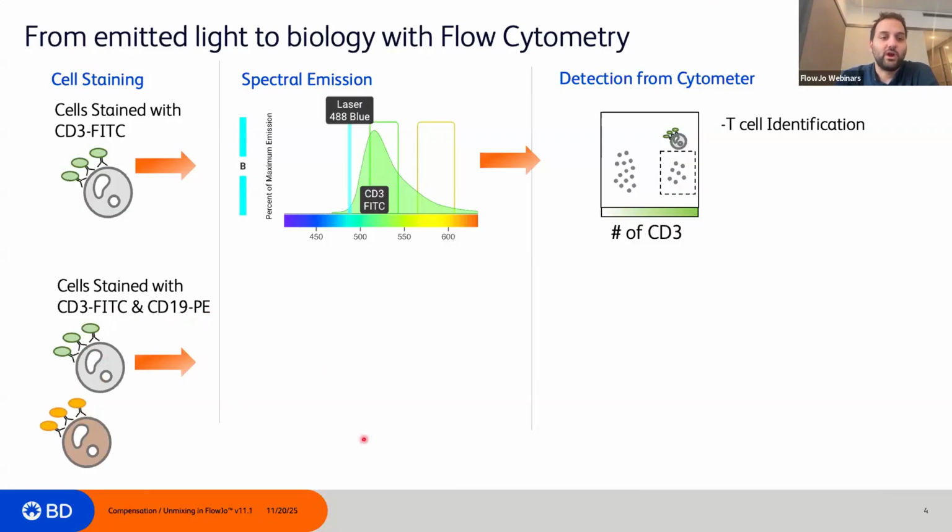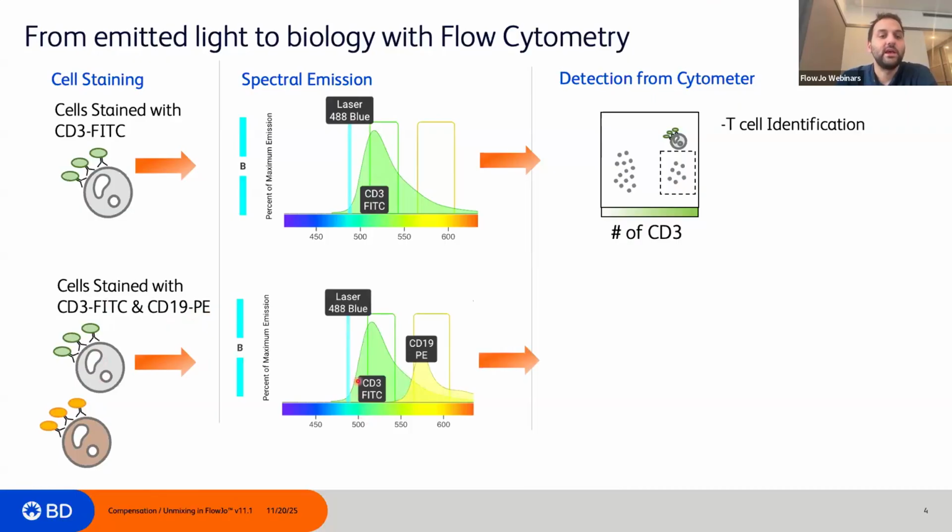And of course, while passing through the cytometer once again, those will emit in slightly different wavelengths, but they also overlap somewhat. So now what you see is that for the cells that bound CD3 and emit in that wavelength, the green one, some of this emission of CD3 spills into a non-primary detector.